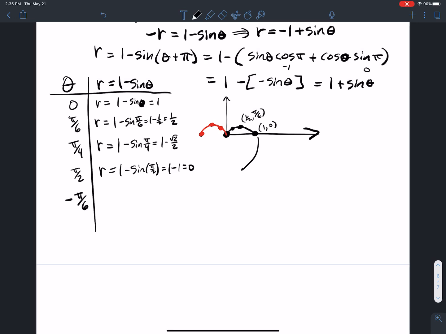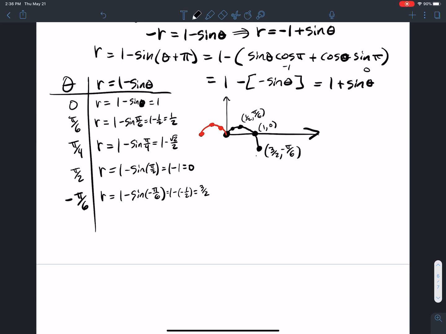If I plug in negative pi over 6, I get r equals 1 minus the sine of negative pi over 6, which is 1 minus negative 1/2, which is 3/2. So 3/2 is a little bit further out. That's 3/2 comma negative pi over 6.